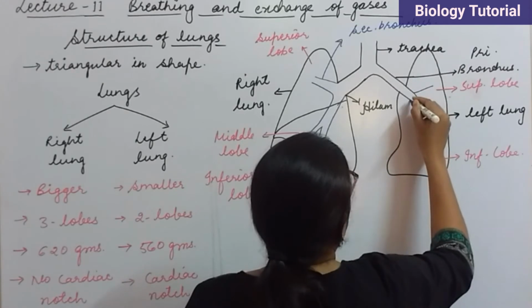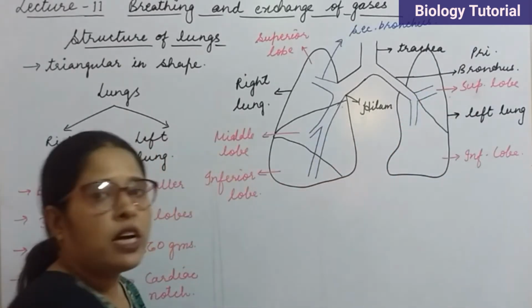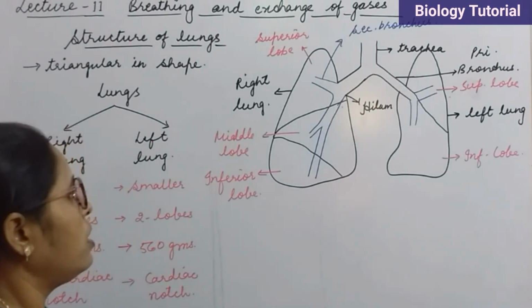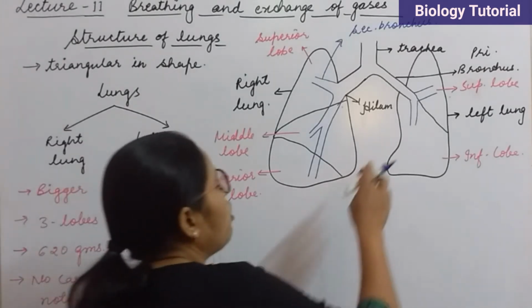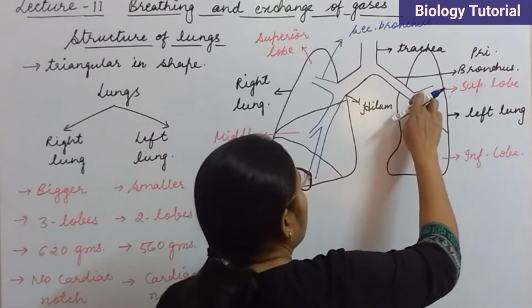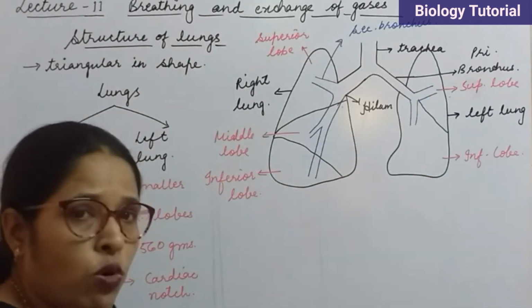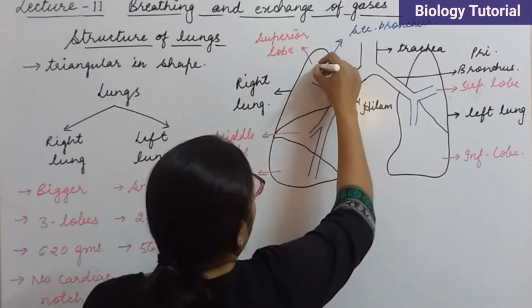Same in the case of this lung also. This is divided into 2 branches, because 2 lobes are there. In each lobe, one bronchus is there. So these are called secondary bronchi. The secondary bronchi also divide into tertiary bronchi.